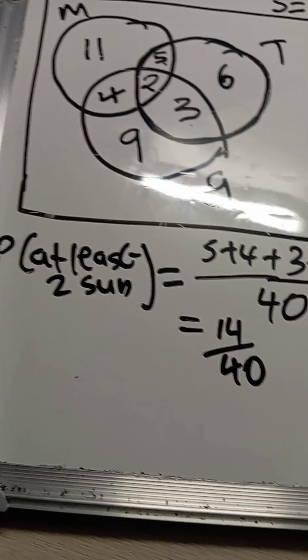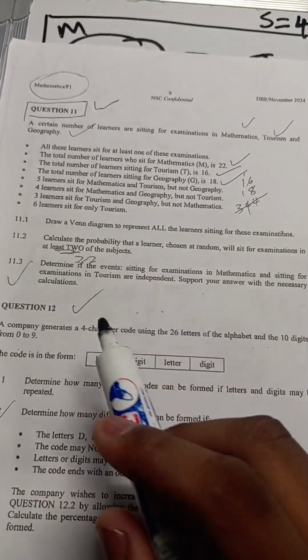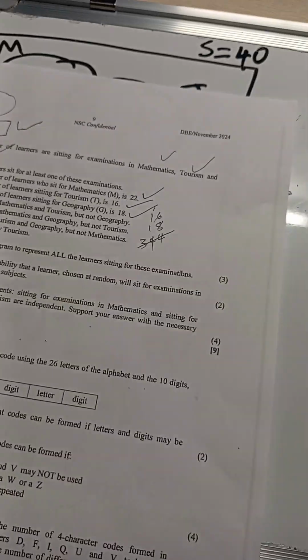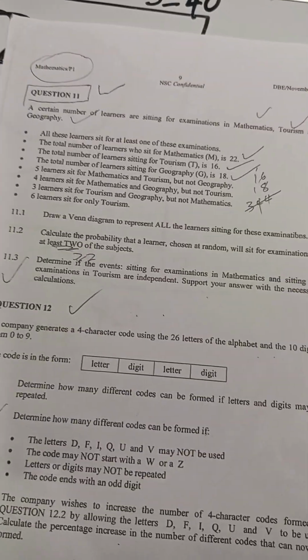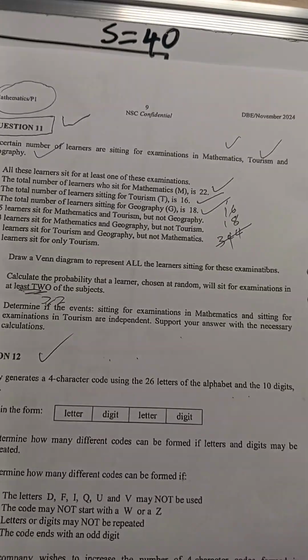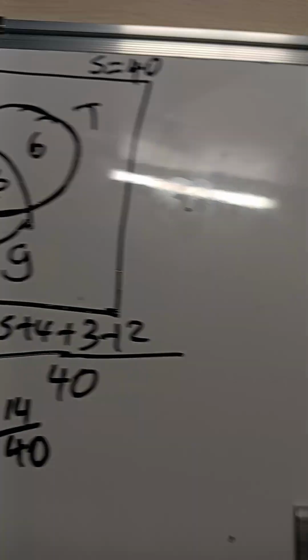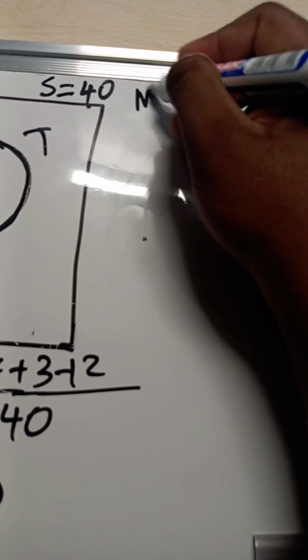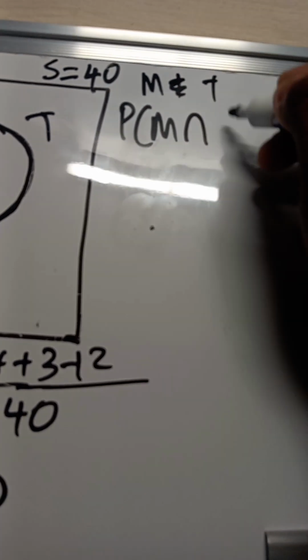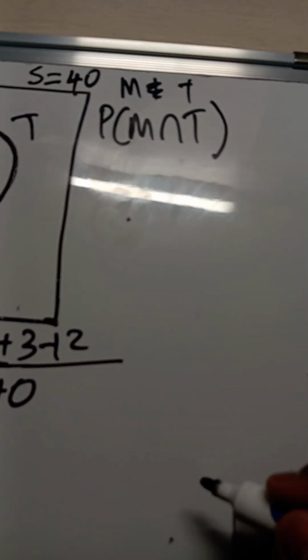That's the answer. Then, determine if the events sitting for examination in mathematics and sitting for examination in tourism are independent. Oh, now it's about independent events. So what do you know about independent events? Since you are talking about mathematics and tourism, I must find the probability of the intersection of maths and tourism.